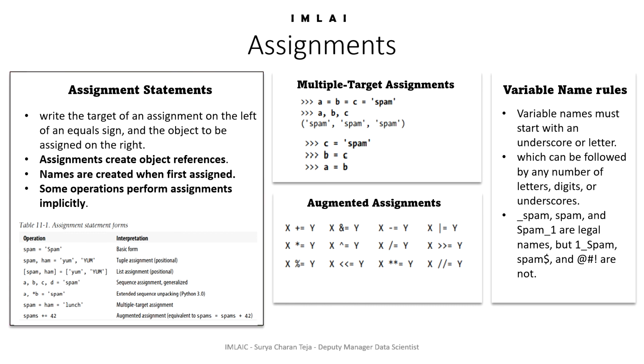For the most part, assignments are straightforward, but here are a few properties to keep in mind. The first thing is that assignments create object references. That is the main difference between Java and Python. On the left side you have a target, which will be stored in one memory location.